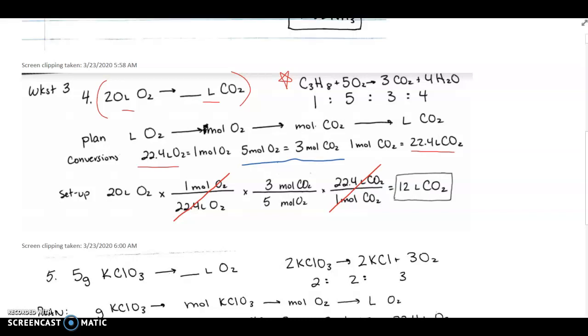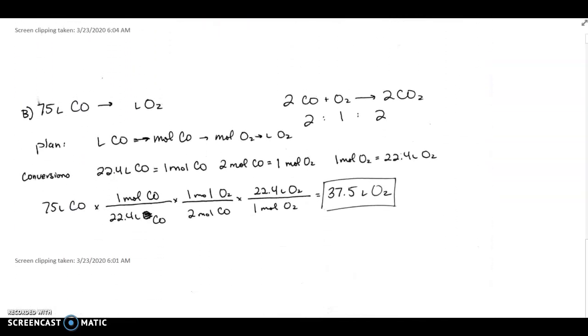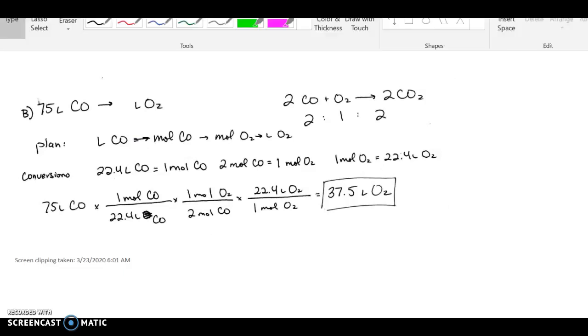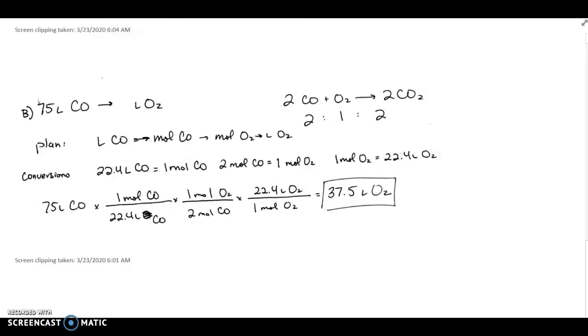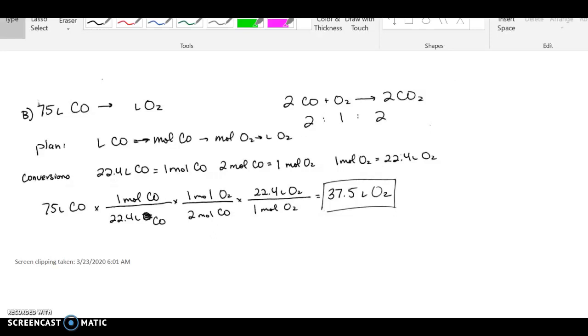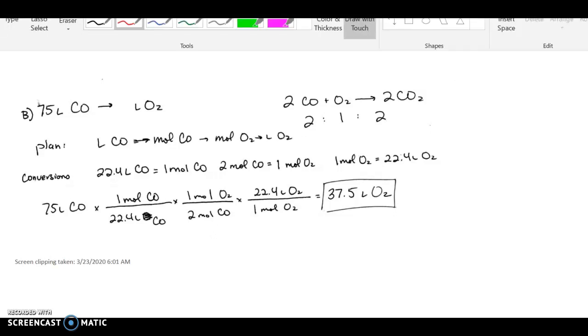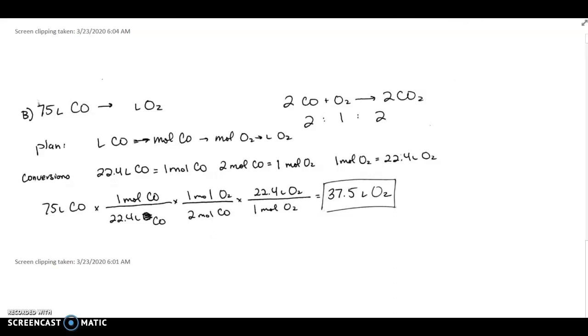So, if we're going to go to another one here, I think 6B was another one that people wanted. And this one is the same way. Same thing, this is liters to liters. So we are starting with this 75 liters. We're looking for liters here.